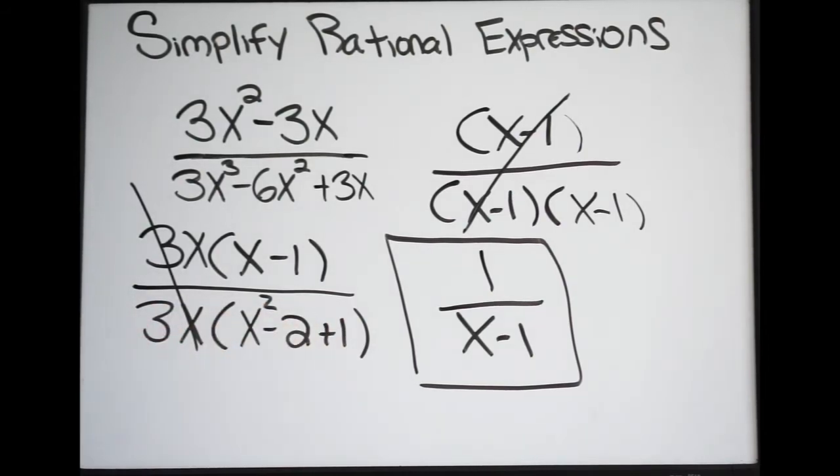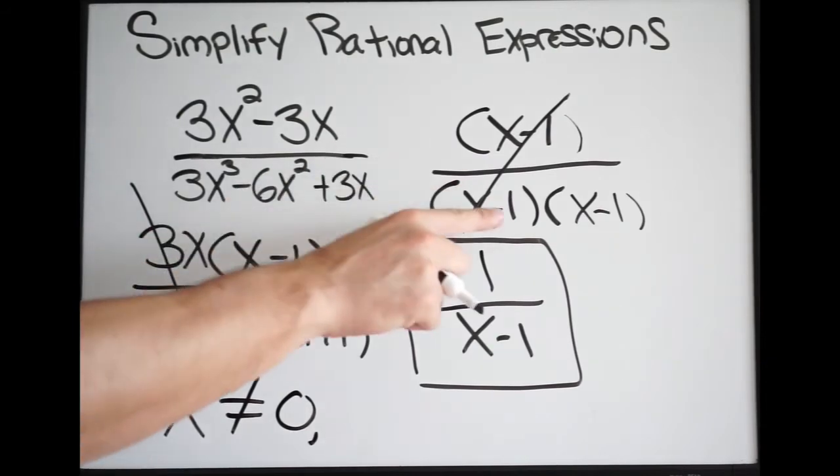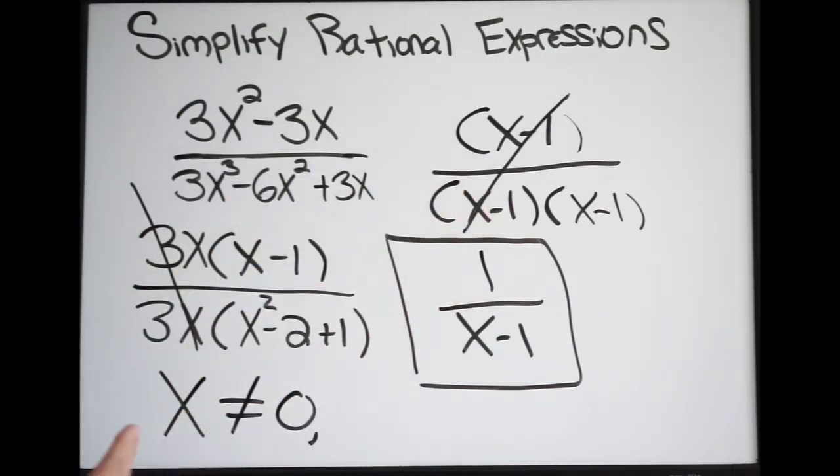So in that case, we know that x cannot be equal to 0. And we also know at this point, look, if I plug a 1 in here, 1 minus 1 is 0, right? And that will make my denominator 0 again. Again, we cannot have division by 0 because then it will be undefined. So x cannot be equal to 0, and x also cannot be equal to 1. Okay, so we want to include that as well. All right, and this one is now complete.